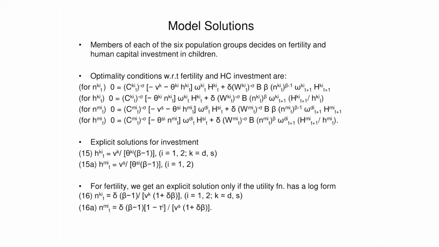We do get a general closed form solution for fertility, but if the utility function is logarithmic, we actually get an explicit solution for fertility as well. That helps me get into one of the critical issues in the paper, and that is what the equilibrium immigration pattern looks like, on which almost everything else is going to be built.